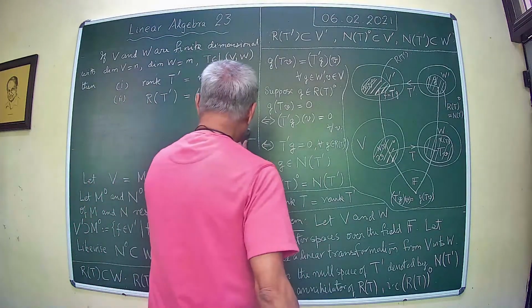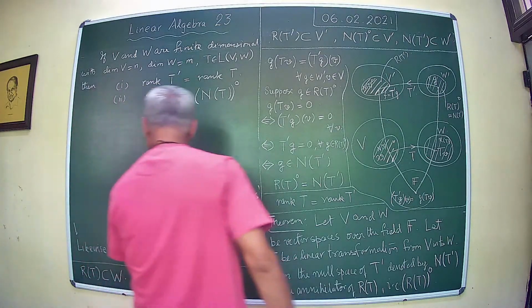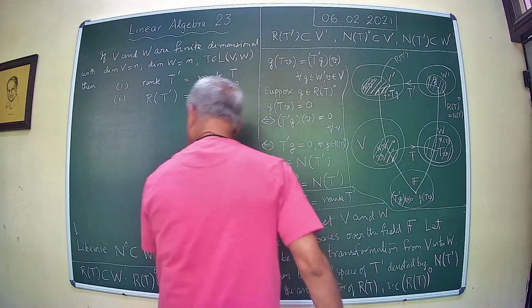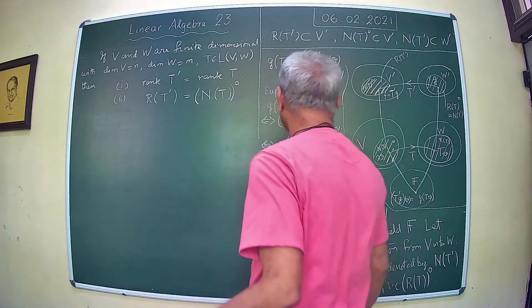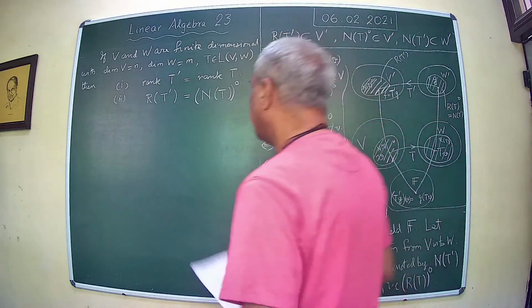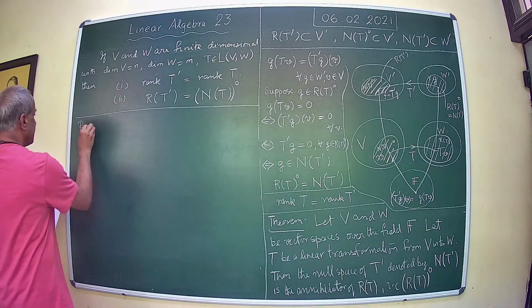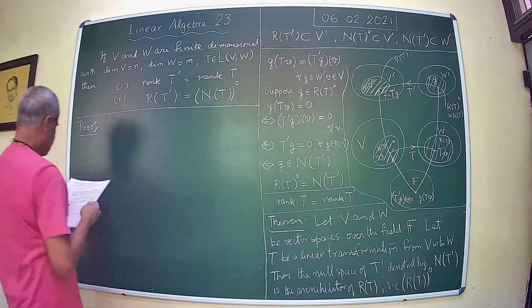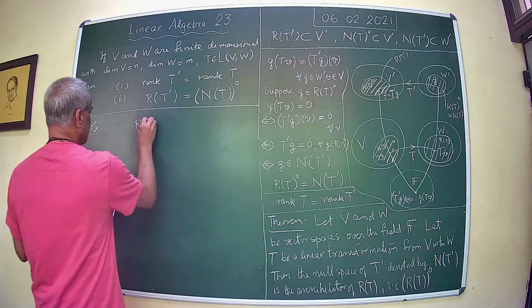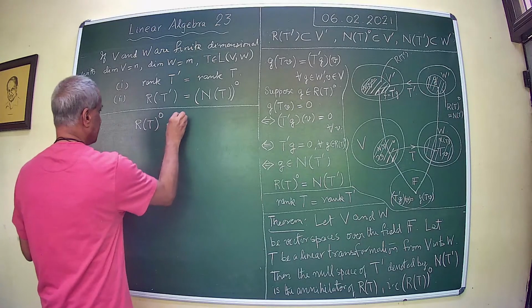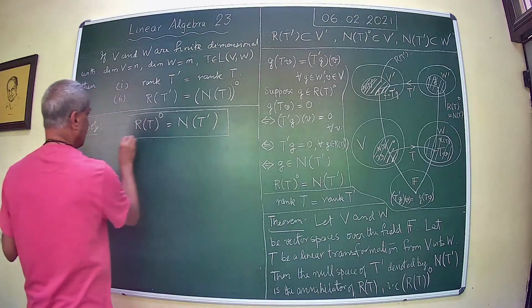I think the first result we have proved already. Anyway, let us repeat the whole thing. Now what we have is the following. So we have the relation, the first thing that we want to prove is this: the annihilator of the range of T is the null space of T prime.